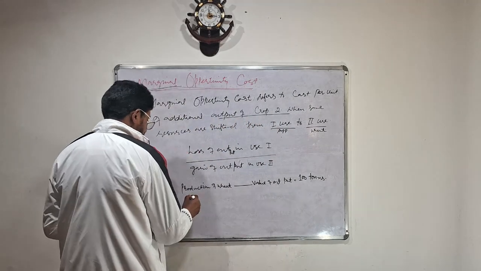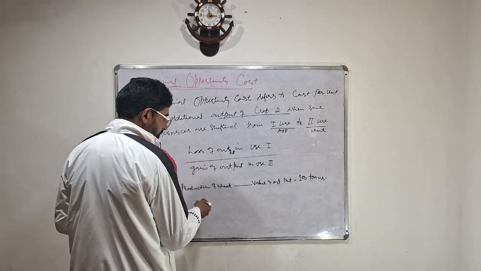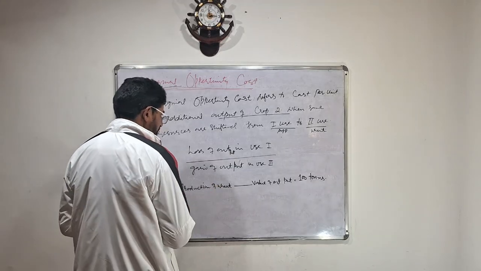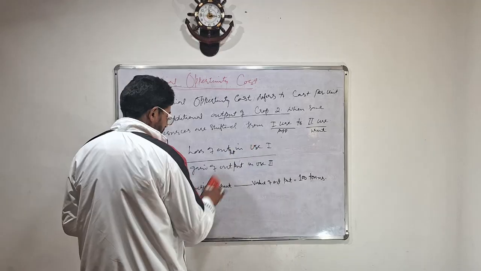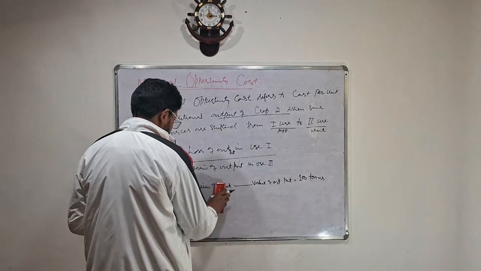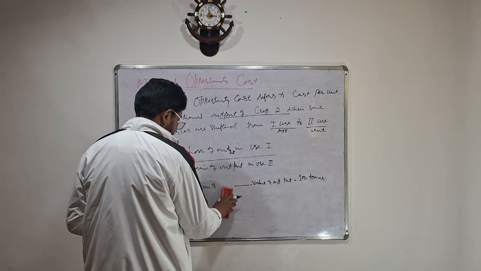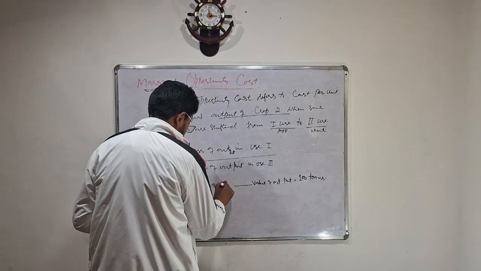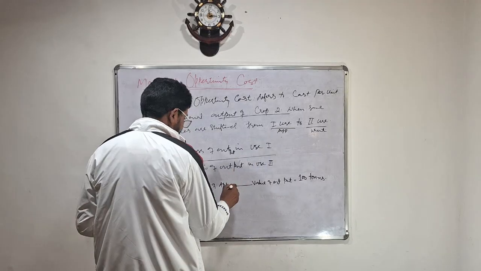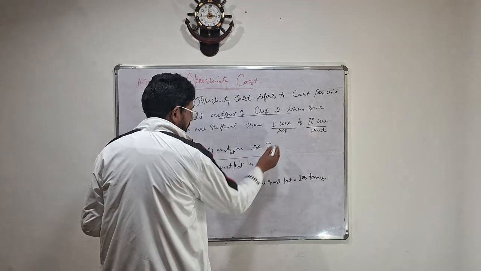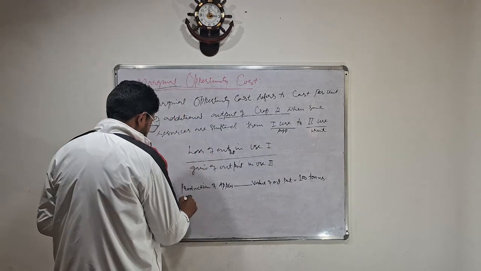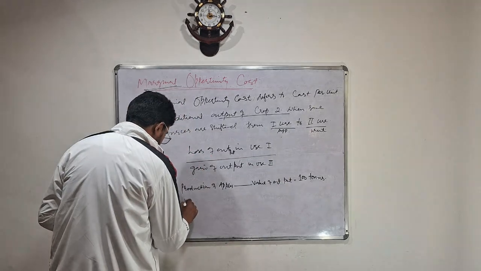When it has changed, when we shift some resources, we write here for understanding production of apples. Now, production of wheat.